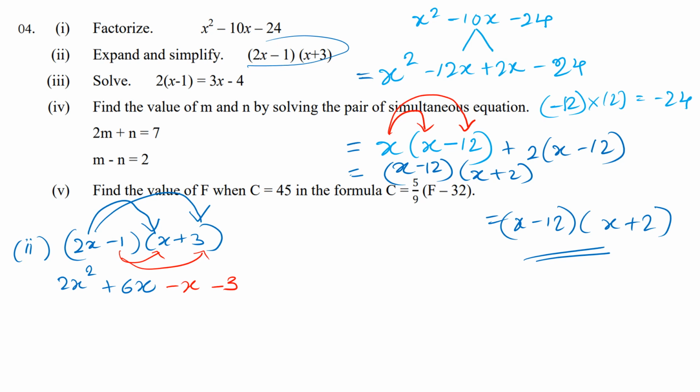You just have to simplify: 2x squared plus 5x minus 3. This is the answer.